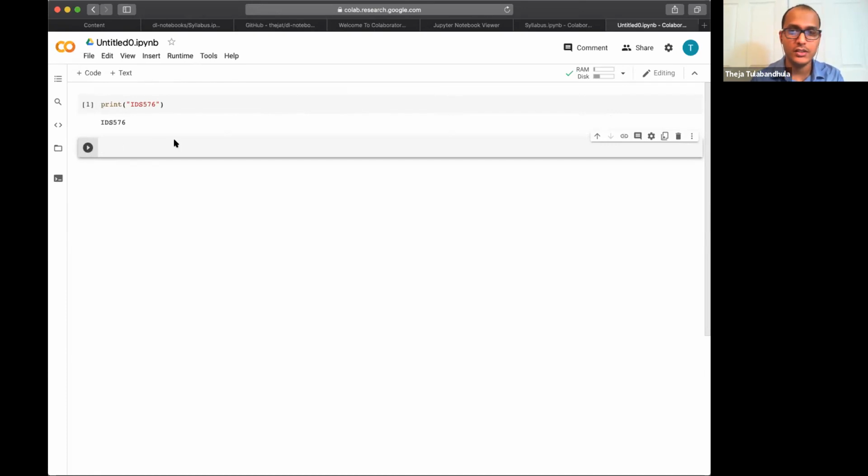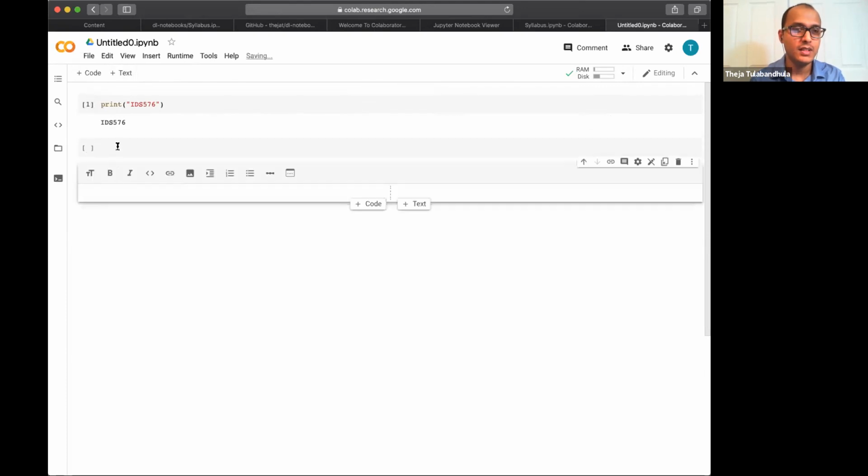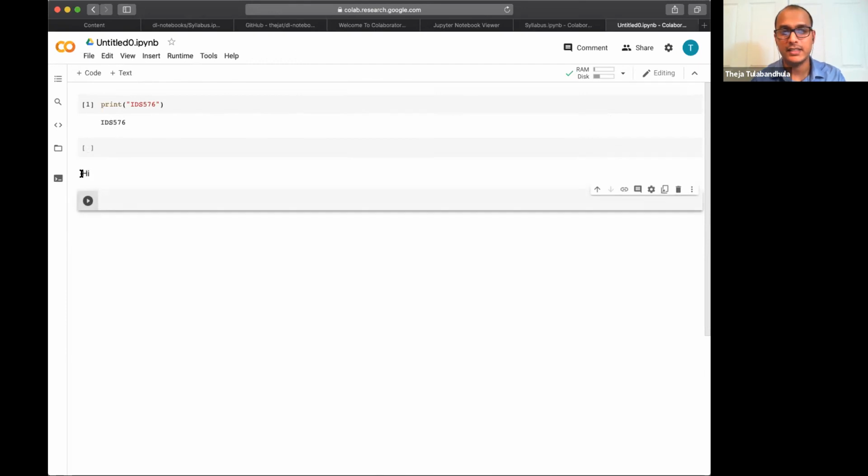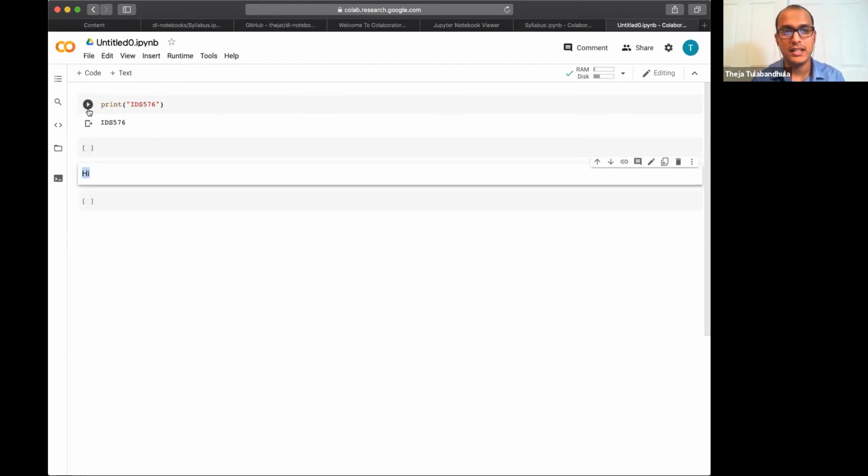You can change the block to text. So this is just text here for this block, and this block is code. Anyway, I don't want to take a tangent here, but slowly you will start getting used to it, and you don't even have to install stuff on your machines. You just use Colab, and they also let you use some GPUs.